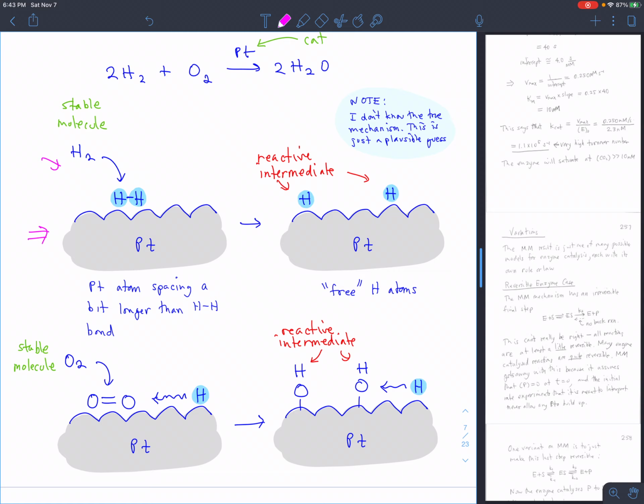Let's suppose the H2 binds to the platinum as an H2 molecule. And the reason why platinum works as a catalyst a lot is because it doesn't really react itself. It's pretty inert, right? It's like gold. But it still can stick to the molecules, and that sticking can weaken the molecular bonds.